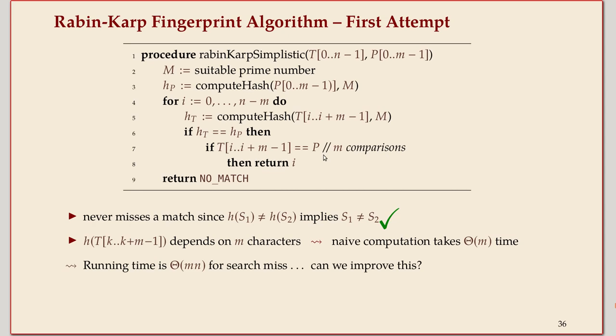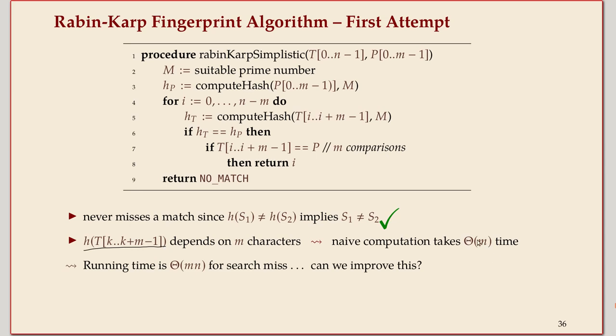So the only problem with this code is if you compute a hash of a text of length m, you will essentially need time m because you have to work with all those digits. Now on a word RAM you might try to do some tricks of combining several characters into a single word, but let's not even try that here. It won't speed up the thing by more than a logarithmic factor.